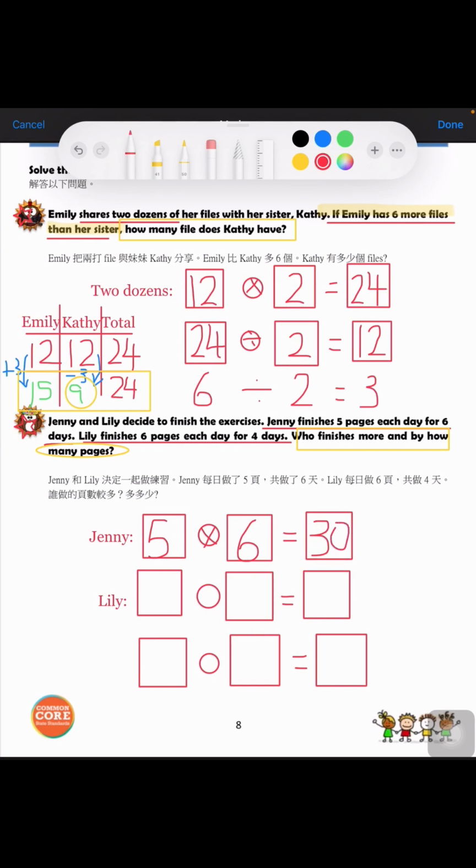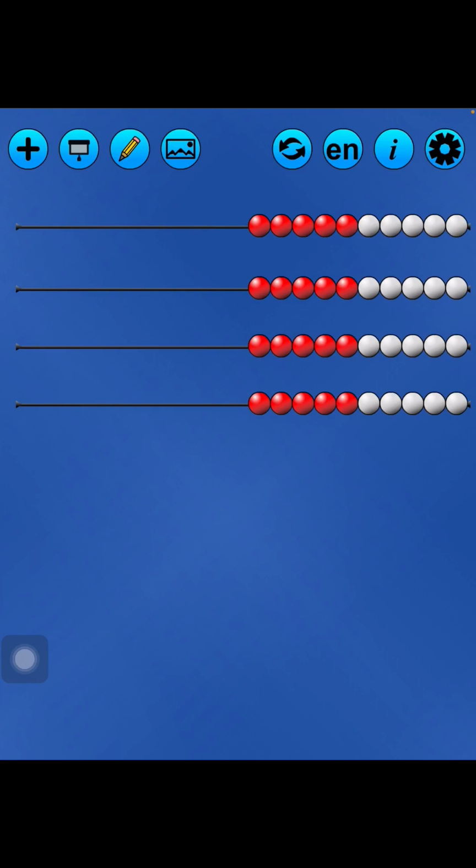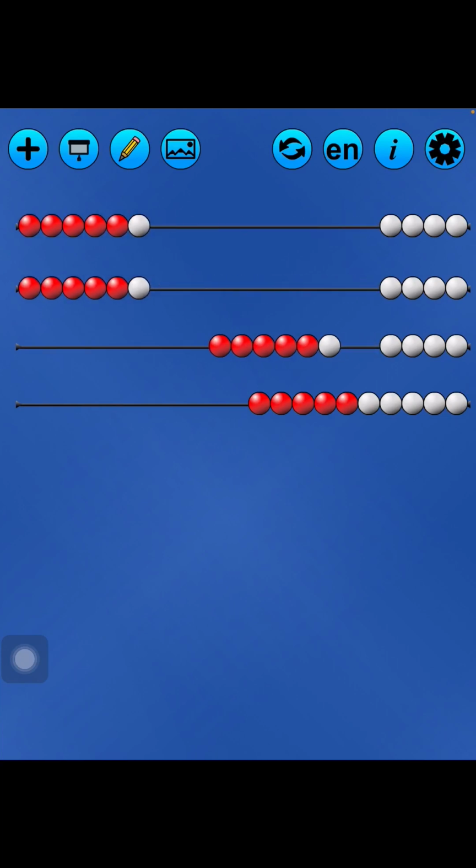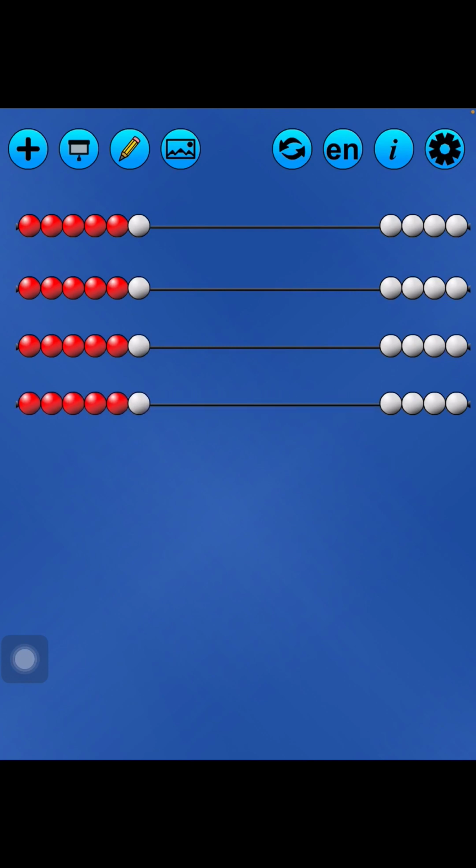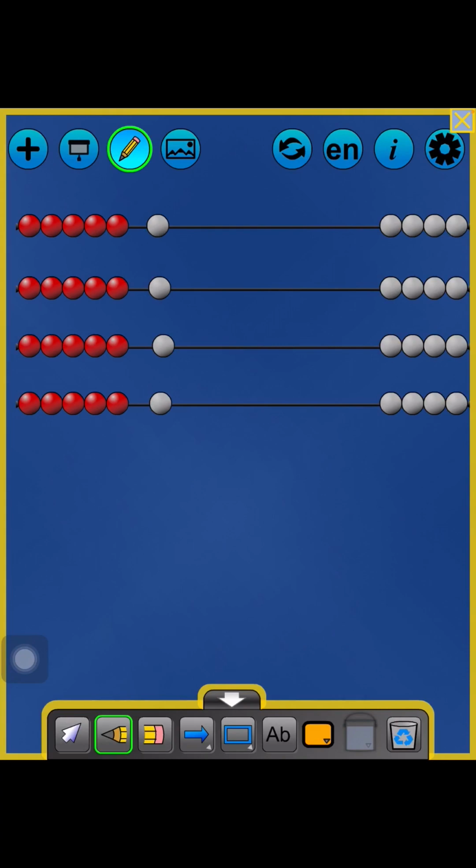How about Lily? She finished 6 pages each day for 4 days. So she finished 6 times 4 pages. Now let's take out 4 groups of 6. To calculate how many beads are there, we may separate 1 from the 5 and use a faster method.